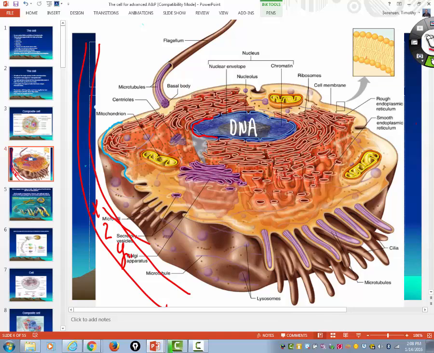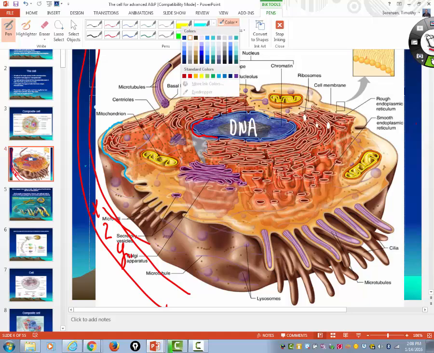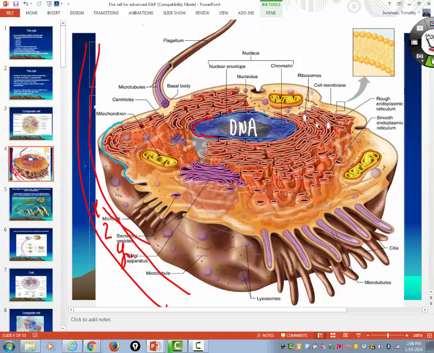And embedded in this folded membrane are these little spherical things called ribosomes. Ribosomes are the actual workbench. This is where you put together the amino acids to build your protein. The ribosomes hold the amino acids together as you're stringing them along.